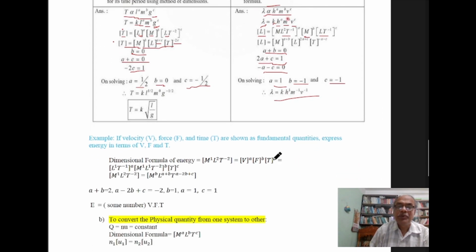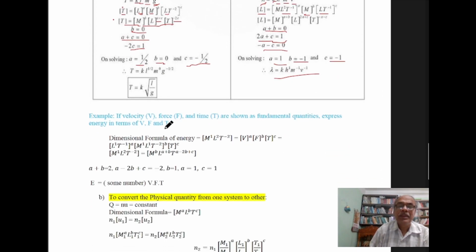And if you express in terms of different values, v velocity, F force, t time, then it is the fundamental. Then express energy in terms of v, F and t. Here you see, whatever is given, we have taken that equal to the dimension formula: A v to the power a, F to the power b, t to the power c.